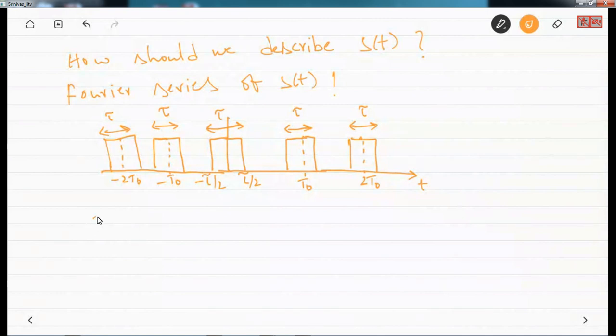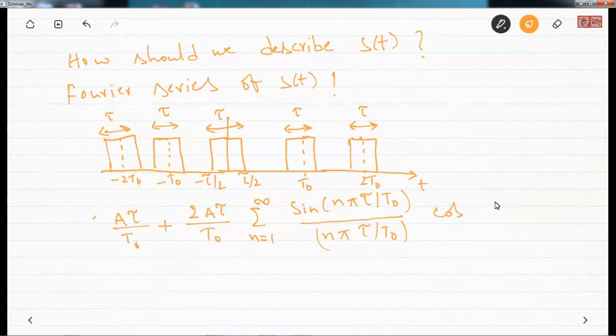The Fourier series expansion of such a signal is A tau by t naught plus 2A tau by t naught into sigma n is equal to 1 to infinity sin n pi tau by t naught into cos 2 pi n t by t naught. Let me see my notes, I did it this morning.